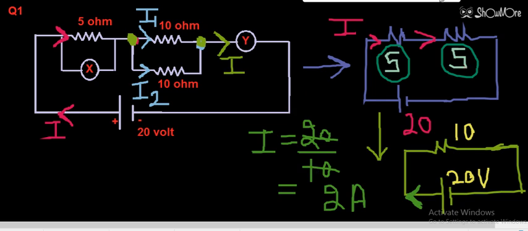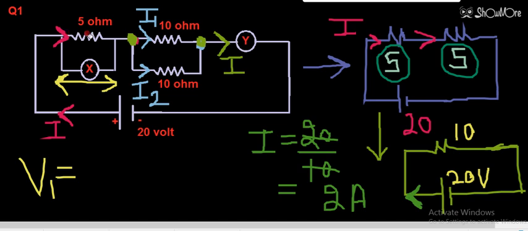Now what you have to find? You have to find the reading of this voltmeter. The device X is a voltmeter. So some voltage will drop across this 5 ohm resistance. Let's write it as V1. So V1 will be equal to I into R1, because the same current that is coming from the battery is flowing through this 5 ohm.